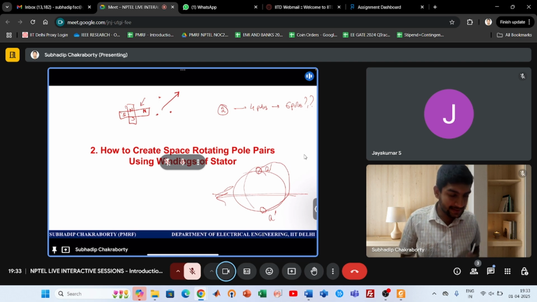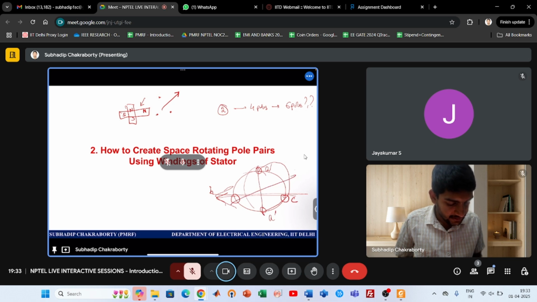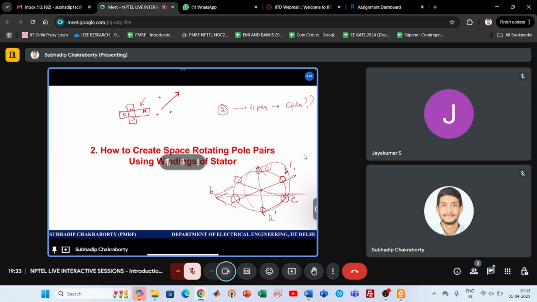If I try to do like that, I told you each phase coils are also mechanically displaced. So A, then B, then C, and diametrically opposite will be B dash and C dash.